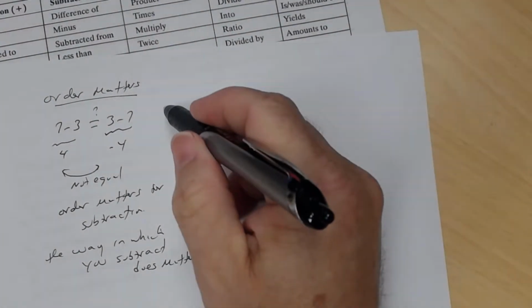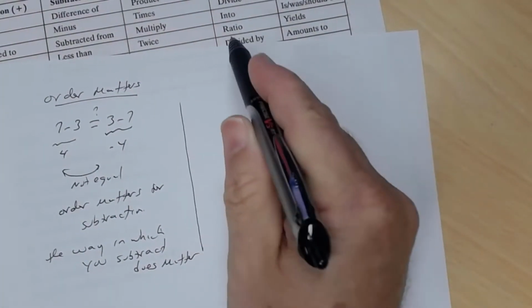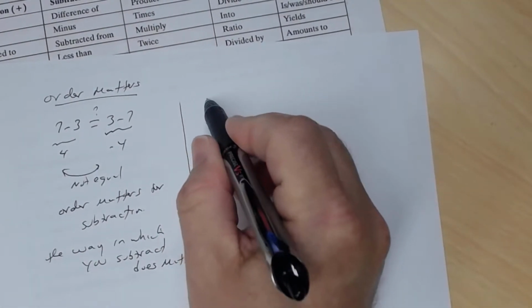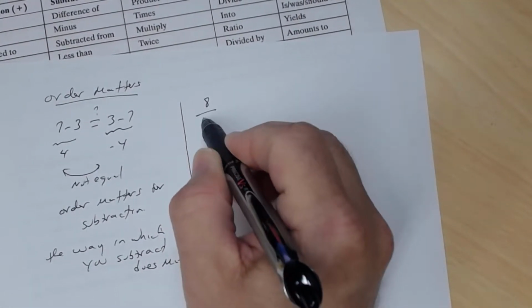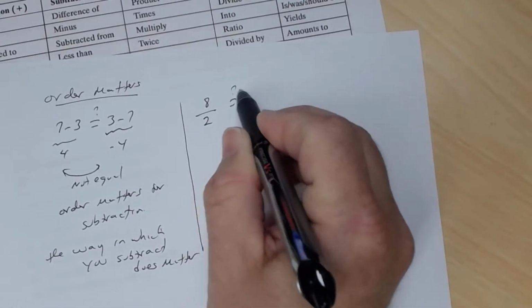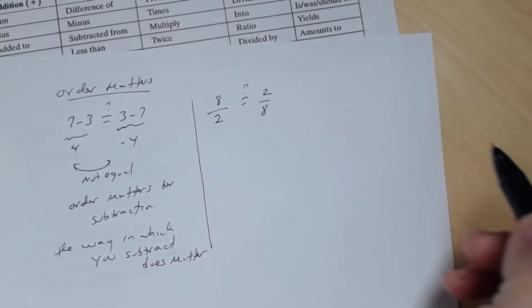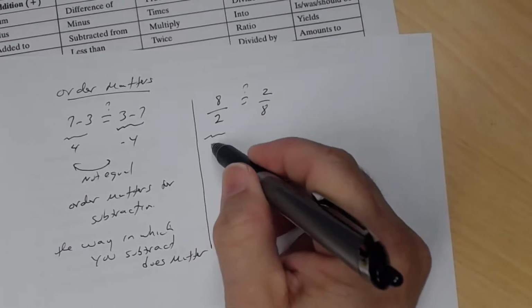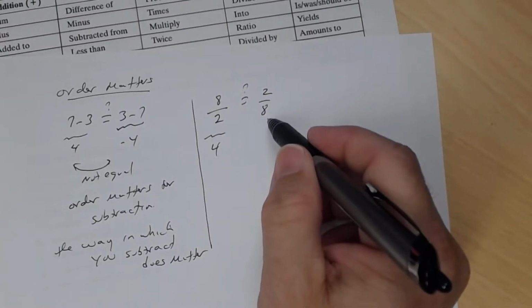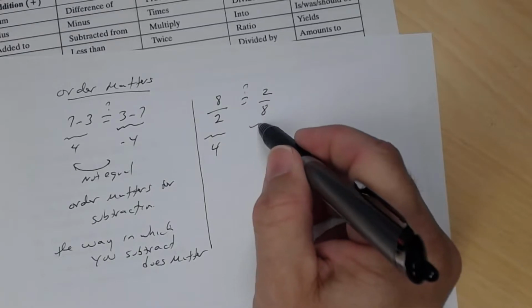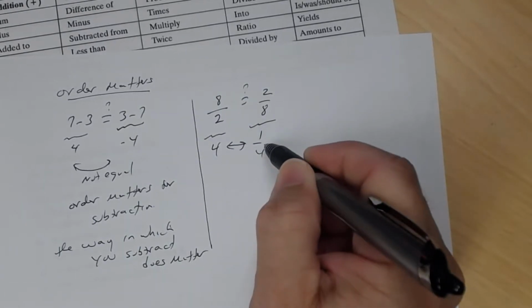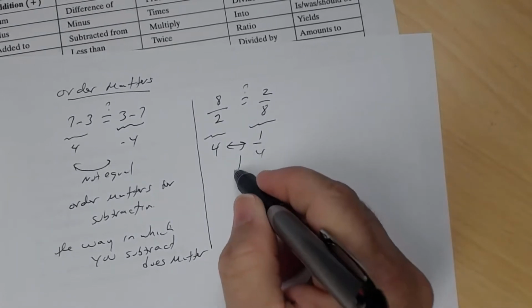Now let's talk about division. Is 8 divided by 2 the same as 2 divided by 8? That's the question. Well, 8 divided by 2, that's easy. That's just 4. 2 divided by 8, now be careful, don't say that's 4. 2 divided by 8 is 1/4. And notice those two things, 4 and a fourth, are not equal.